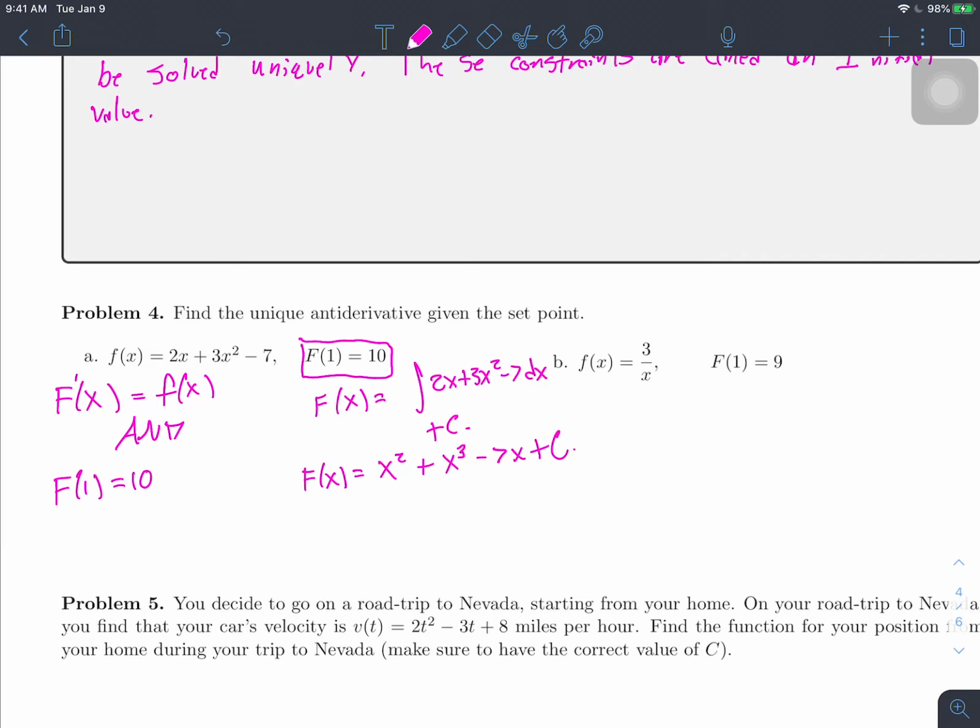And now the point is, I can figure out what c is by taking this information and plugging it in. So on the left-hand side, I will put 10. And on the right-hand side, I will plug in 1 for x. 1 squared plus 1 cubed minus 7 times 1 plus c. And now I can take this equation and figure out what c is. Okay, so if I subtract over to the other side, minus 1, and then plus 7, same as subtracting 5, I get 5 equal to c.